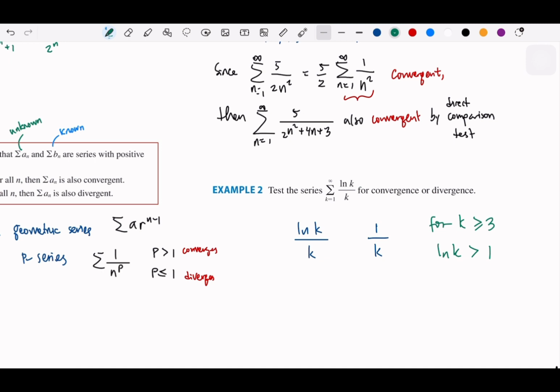If you check through your calculator, after 3, the number is greater than 1, right? Which means that for most of the part, this will be greater, right?